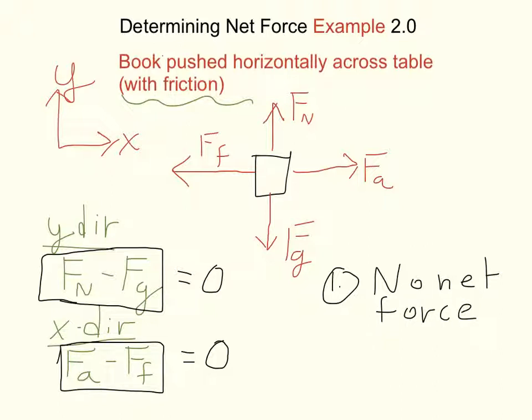But what it really tells me is something about the state of motion for my object. Because keep in mind, only a net force will cause an object to accelerate. So if there is no net force acting on the object, it means there is no acceleration. There are really only two cases of motion where there is no acceleration.